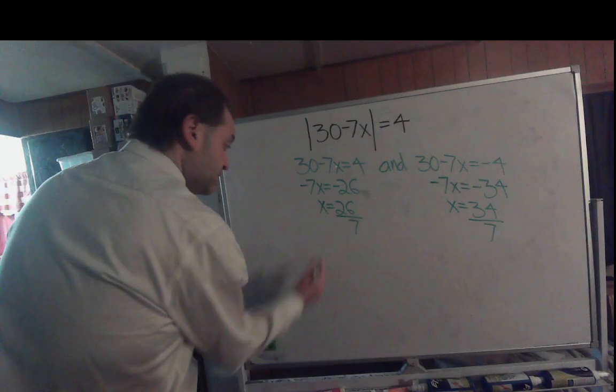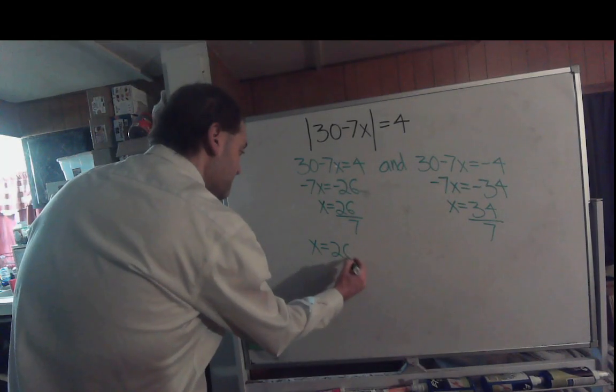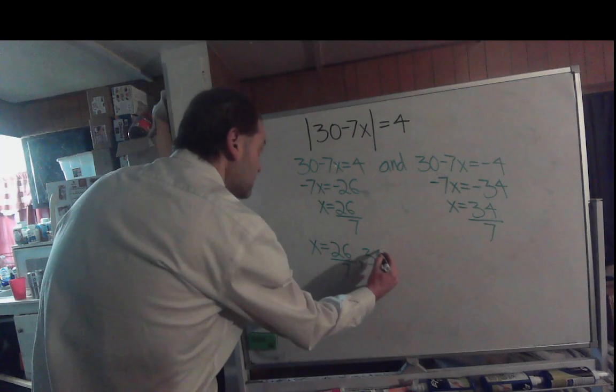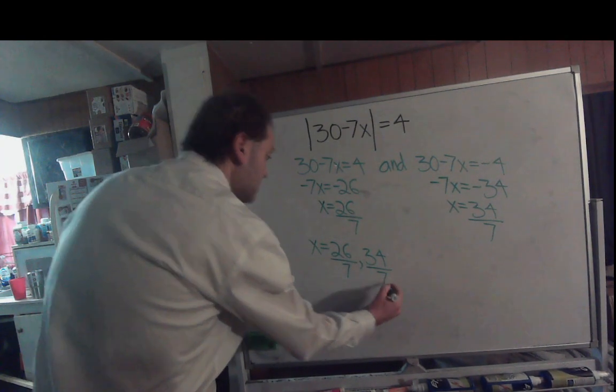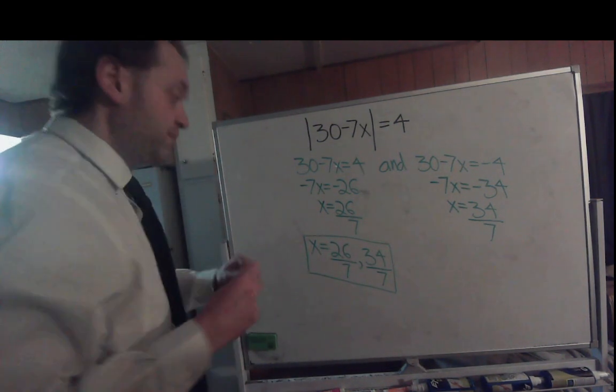So your two solutions to this are going to be x equals 26/7 and 34/7. Those would be your two solutions, x equals 26/7 and 34/7.